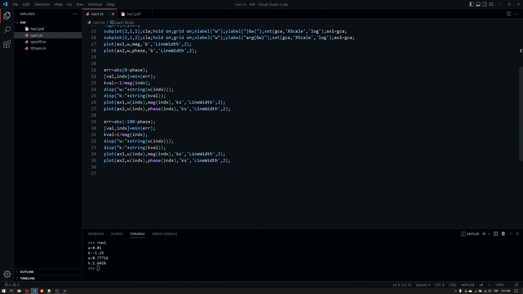So let's continue on with the root locus, R locus, GS times GD. Let's call it R locus, and let's run it.